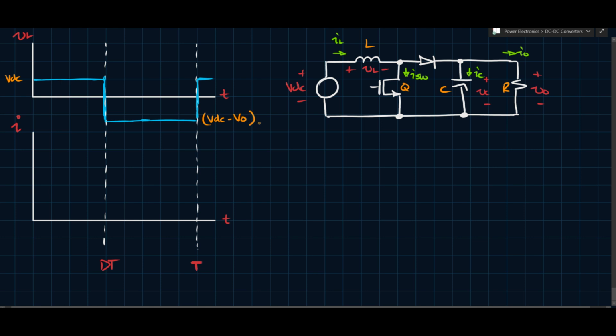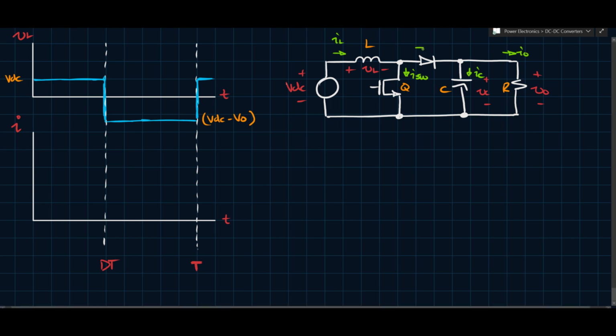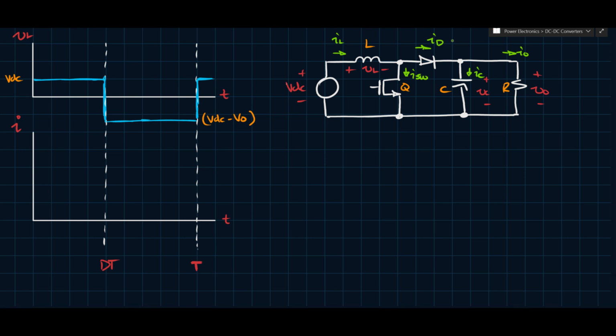Now here, I've drawn this apart a little bit larger because we're going to draw a couple of different currents here. It's not enough for us to just draw IL. We're also going to need to look at ISW and ID, I guess we can call it. I haven't really labeled that here, but ID, because one of the key distinctions between the buck and boost converters is that the inductor is not connected to the output directly.